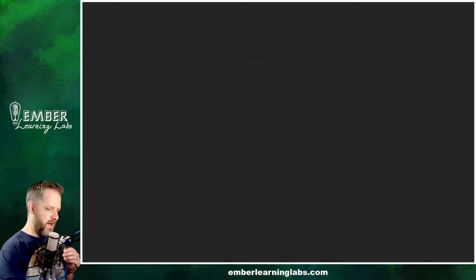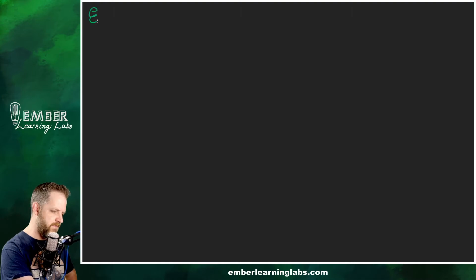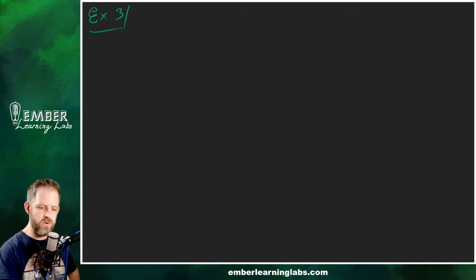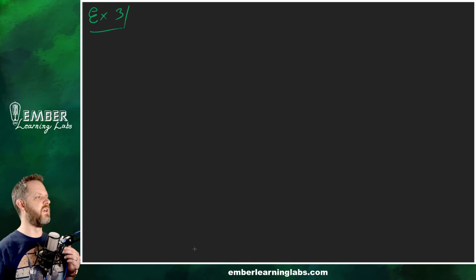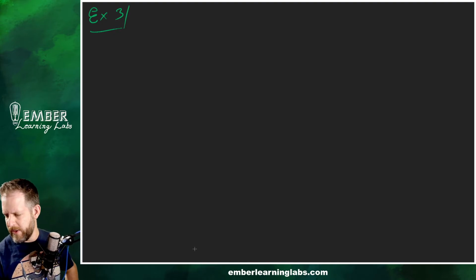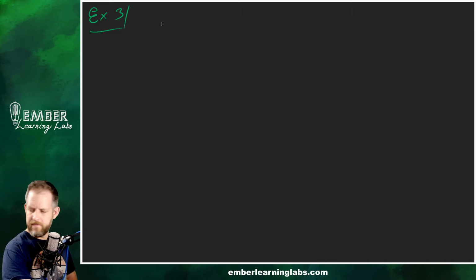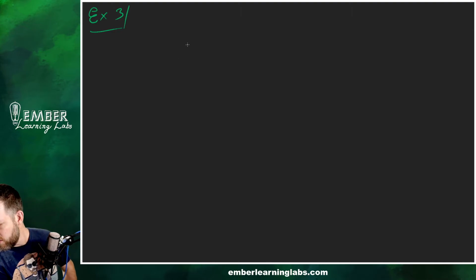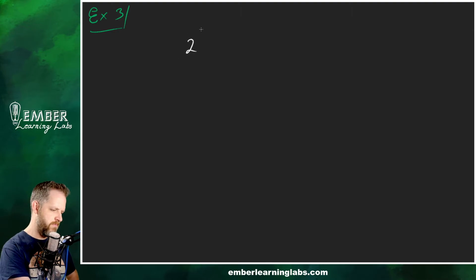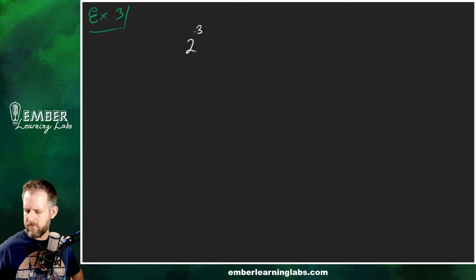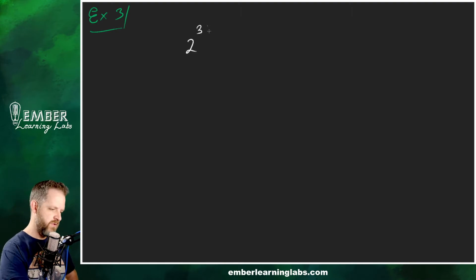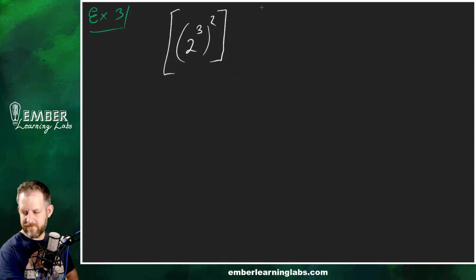So let's do an example or two with this rule. We're going to simplify. This would be example 3, right? It's going to be in green because why not? And because I forgot to change colors. Fine, no big deal. We're going to have 2 cubed, squared, to the 4th.